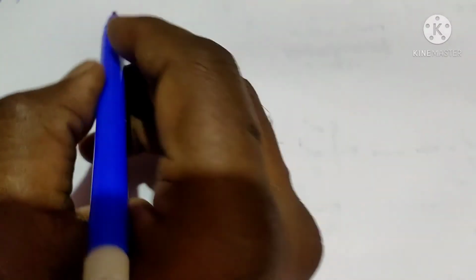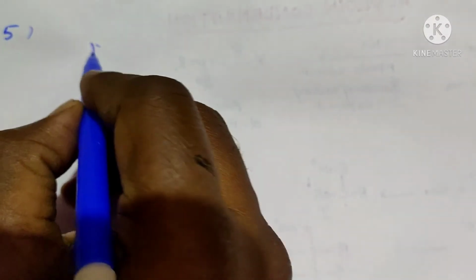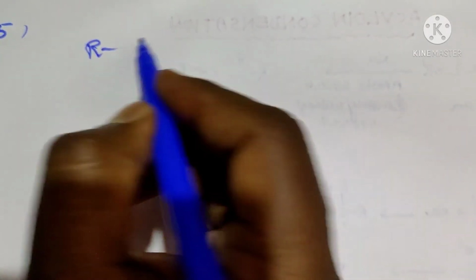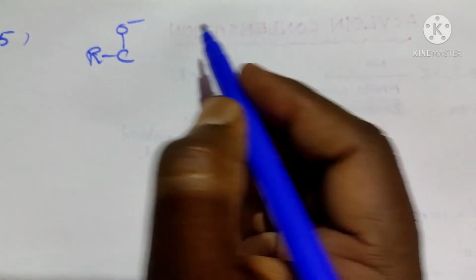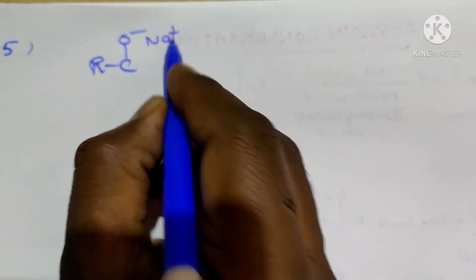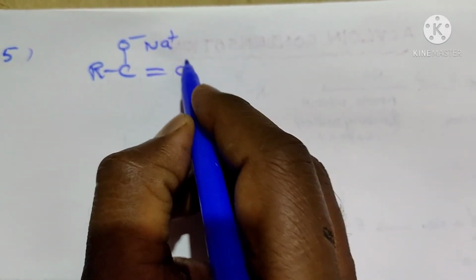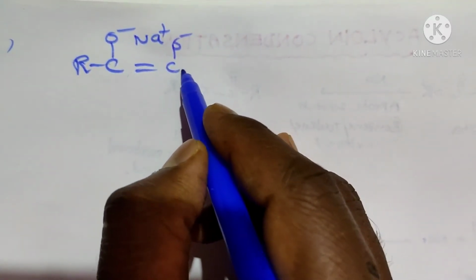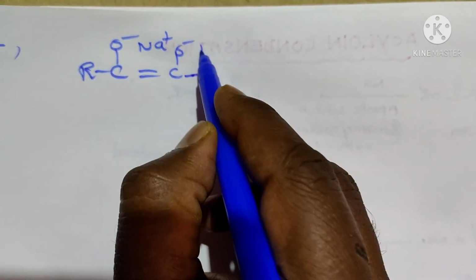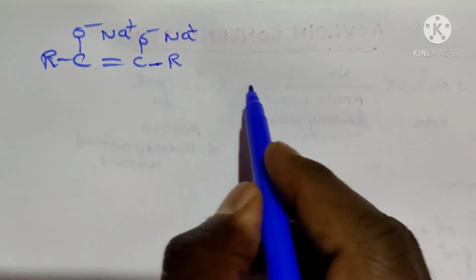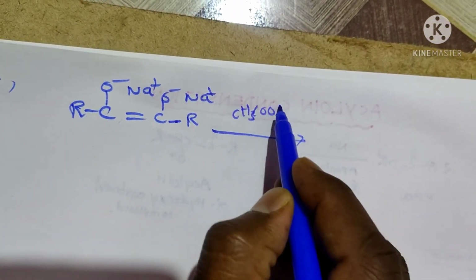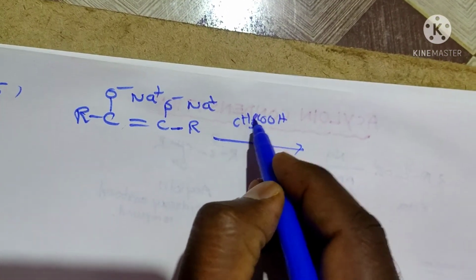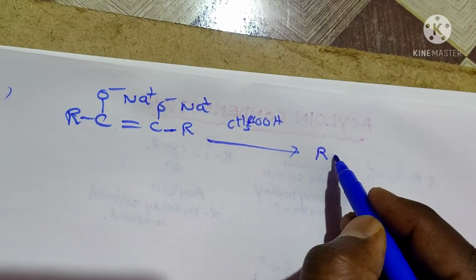When sodium salts of enediols are treated with acids, protic solvents like acetic acid, we get the enediol.